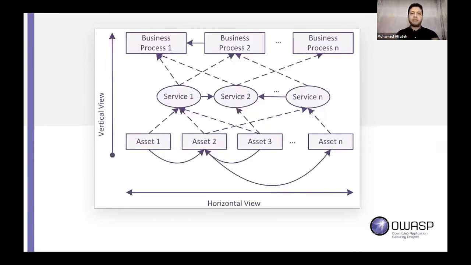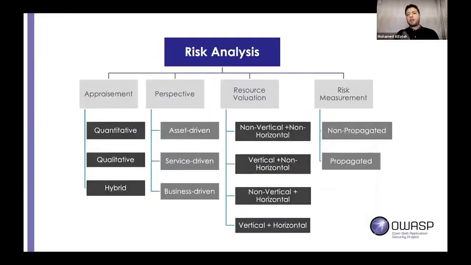This is very important. Highly recommended actually to go and identify the services. This will help you during the threat identification phase to build your attack tree, not just based on asset by asset. Propagation, non-propagation, it depends on the threat modeling activity you are doing. If it is an ongoing process as part of the risk management, you may propagate the risk analysis.